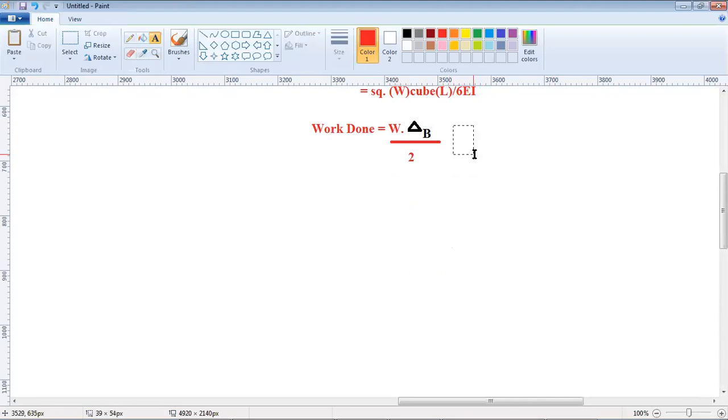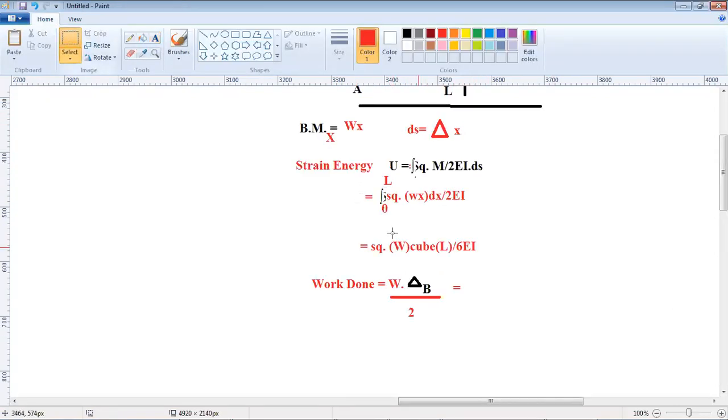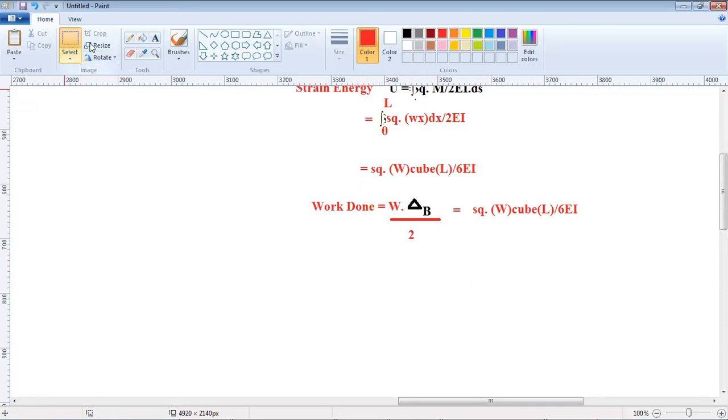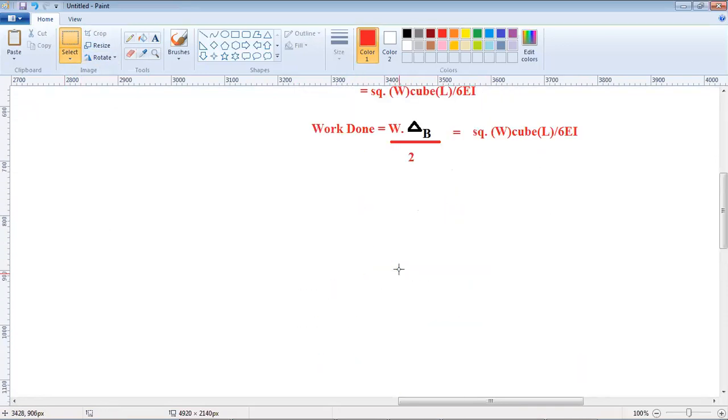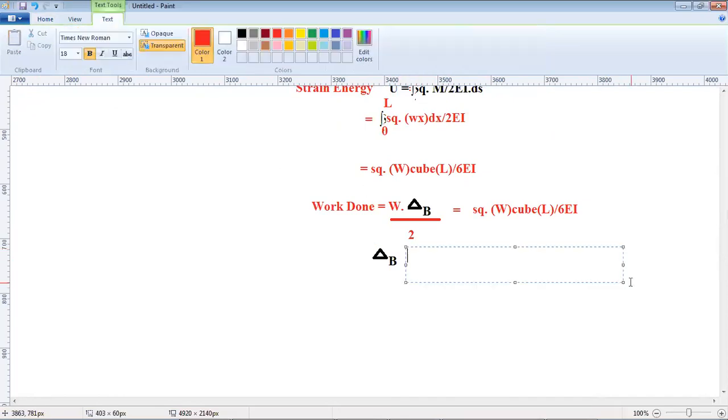So this will be equal to what we have just got, W square L cube by 6EI. Thereby, what we have to actually determine is delta B. Delta B will then be equal to, again the square of W, so what remains is just W into L cube by, 2 and 3EI, so 3EI.